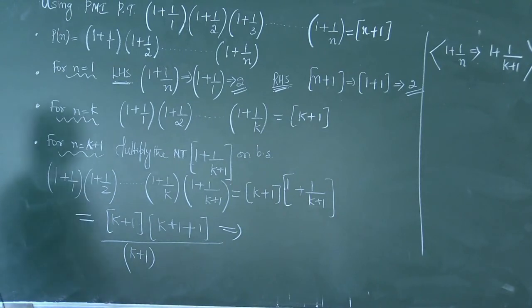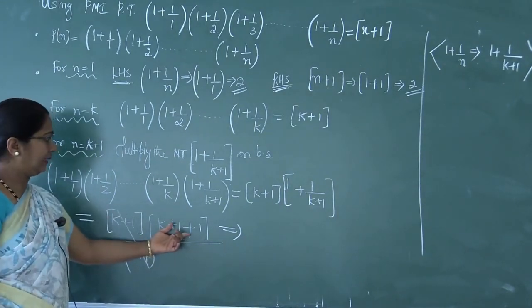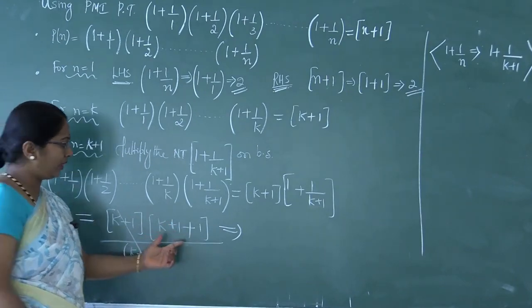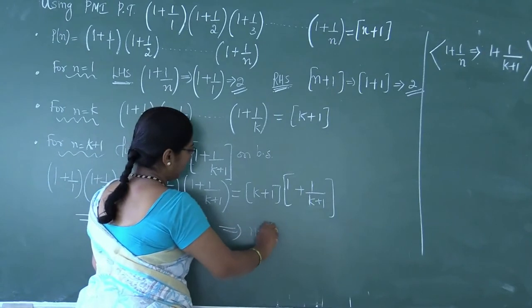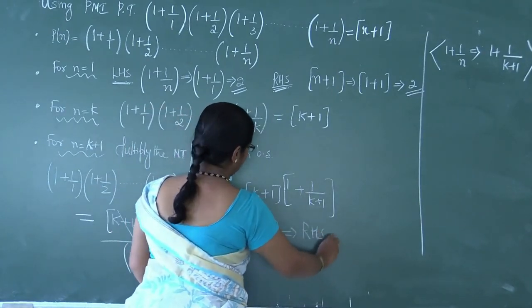Now k plus 1 and k plus 1 get cancelled here. What did I get? K plus 1 plus 1. In place of k plus 1, I write n, which is nothing but n plus 1, which is equal to RHS.